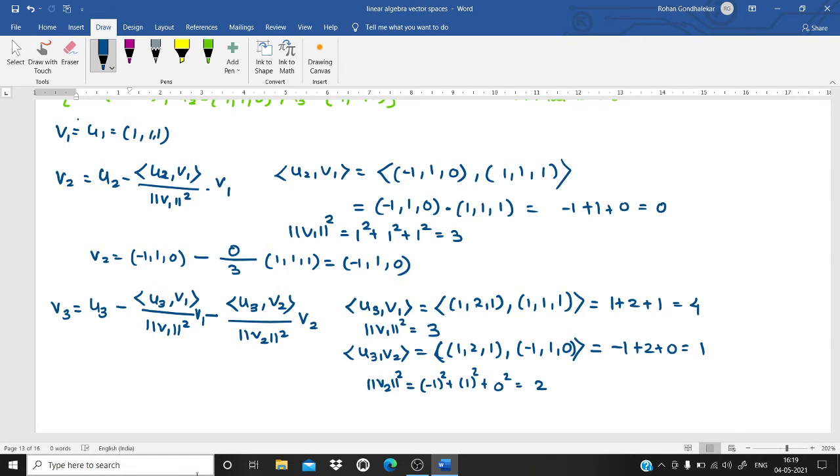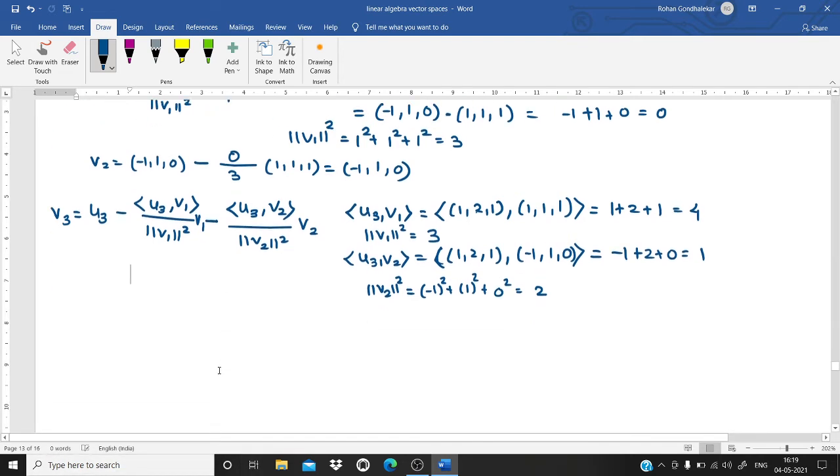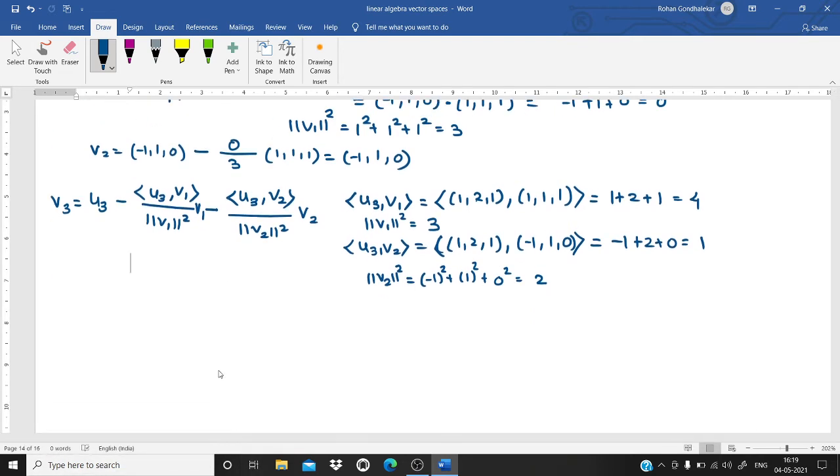So hence the V3 will be, now substitute all these 4 values in the formula of V3. V3 is equal to U3. The U3 is (1, 2, 1) minus inner product of U3 with V1, that is 4 upon 3 into V1, that is (1, 1, 1), minus inner product of U3 with V2, that is 1 divided by 2 into V2, that is (-1, 1, 0).